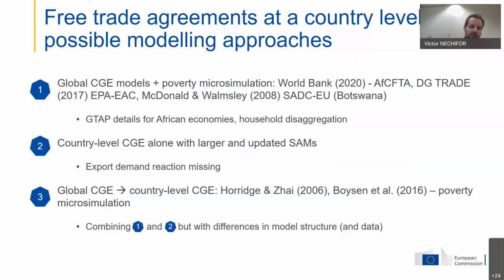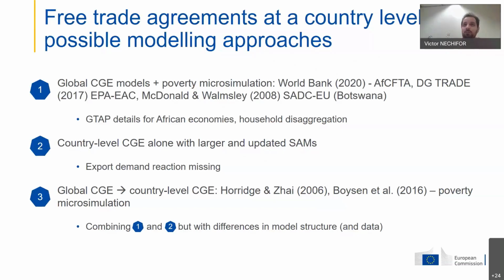As we might know, there are a few challenges regarding country level detail, especially in Africa. Some countries may be aggregated into a larger region in the GTAP database that underlies the global CGE model. There's also an issue of commodity aggregation.